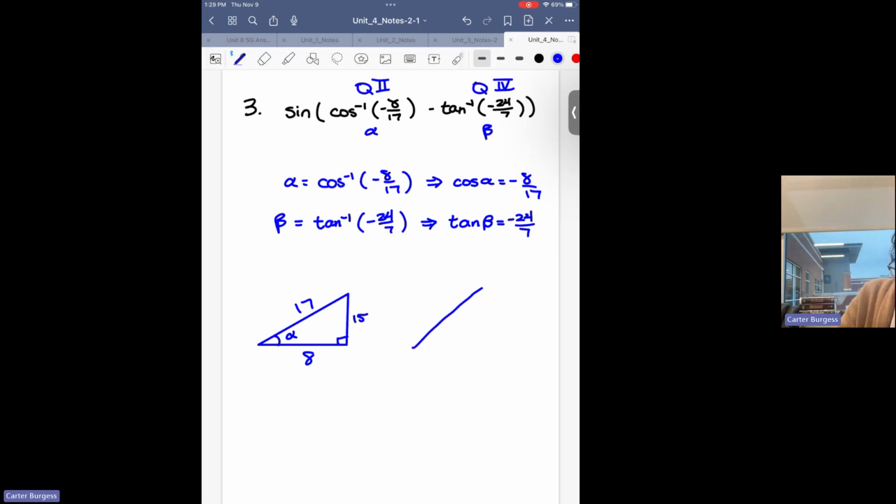For our second triangle here, this is beta. What do we know about this triangle? Opposite is 24. Adjacent is 7. Hypotenuse is 25, which again, Pythagorean theorem, if you were missing that.